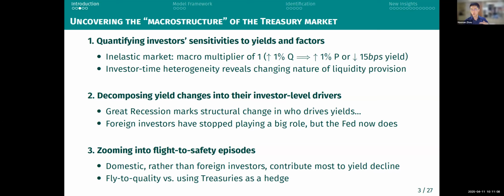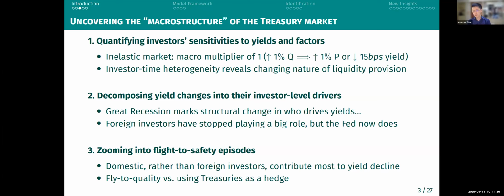We're going to show you that foreign investors in particular used to play a big role in compressing Treasury yields, so it can explain some of the puzzles related to monetary policy and long-term rates before the global financial crisis. But now their role in changing yields is diminishing, and the Fed has stepped in as an important player in this market.